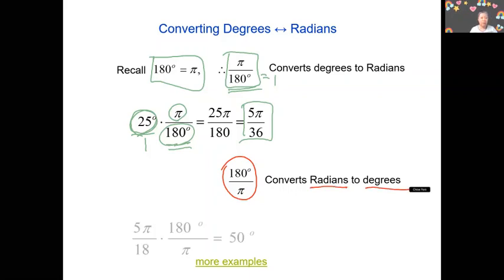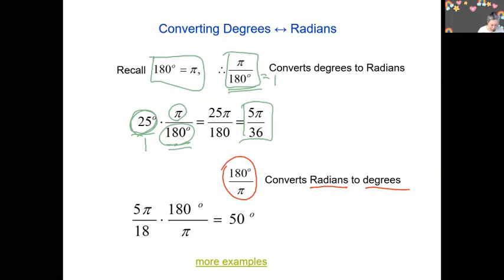So if you are supposed to convert 5 pi over 18 radians into degrees, the multiplier that you need is 180 on top and pi on the bottom. If it's confusing or you don't know which one to go with, always remember the goal. I'm converting this radian measure into degrees, but degrees don't come with the pi notation.